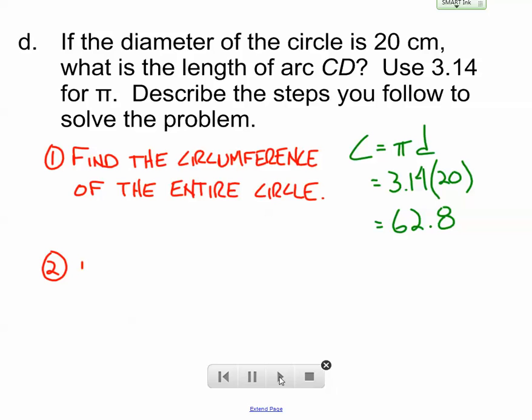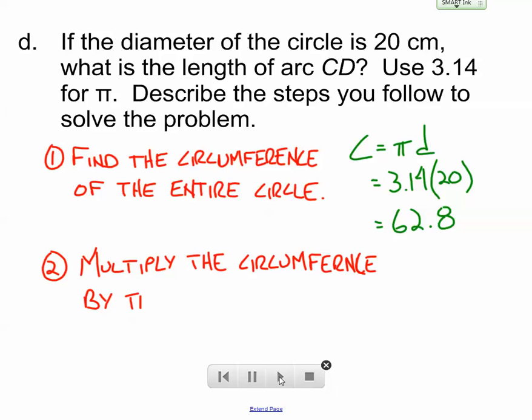We only want 1/8 of the circumference, so what we're going to do is multiply the circumference by the fraction of the circle that corresponds with that arc.